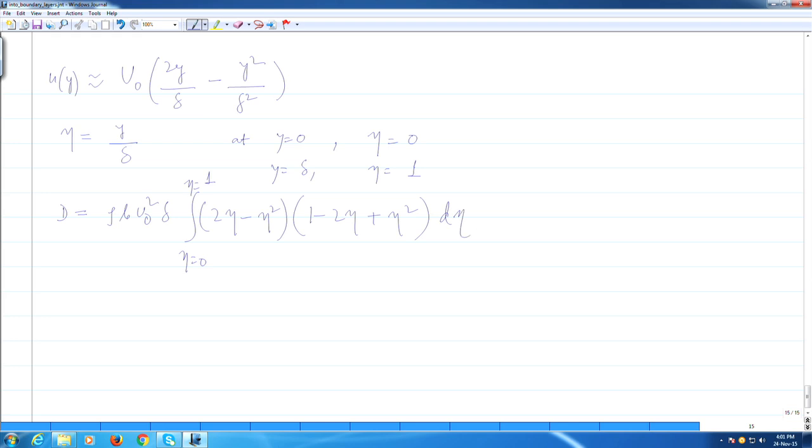If I do this, finally this boils down to D is equal to 2 by 15 rho u naught squared b delta. Okay.